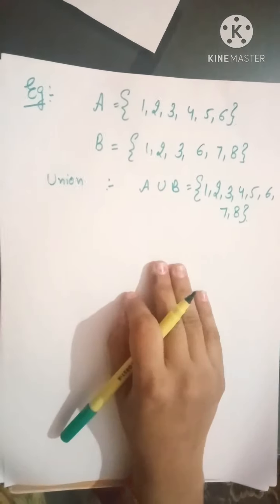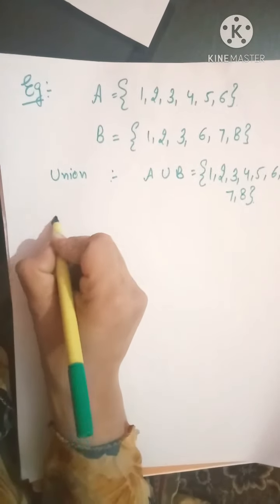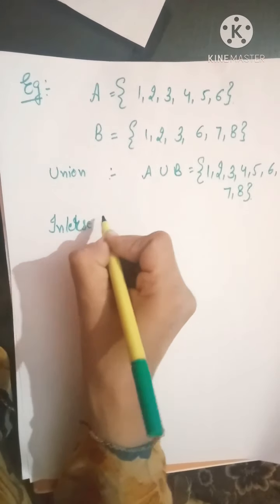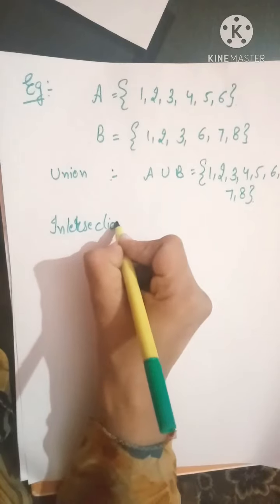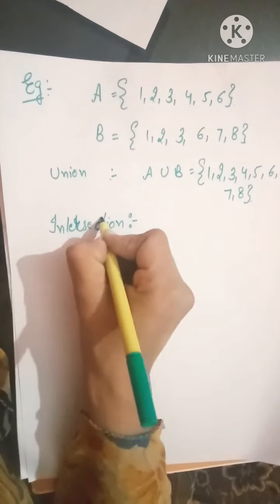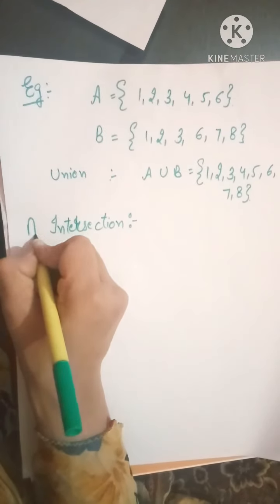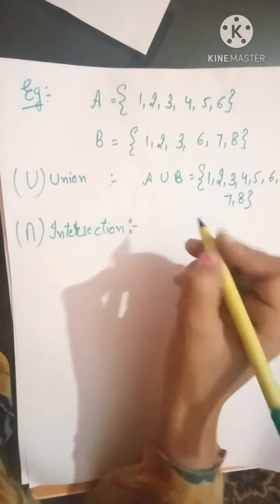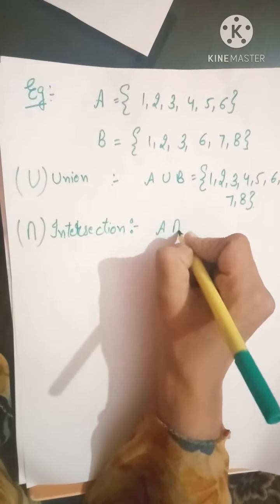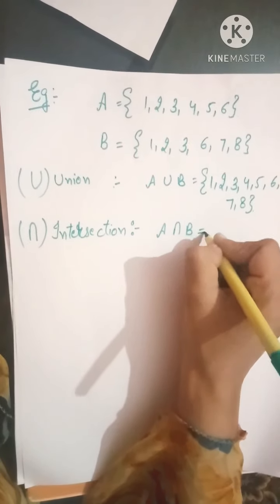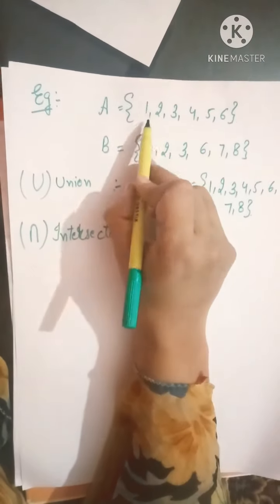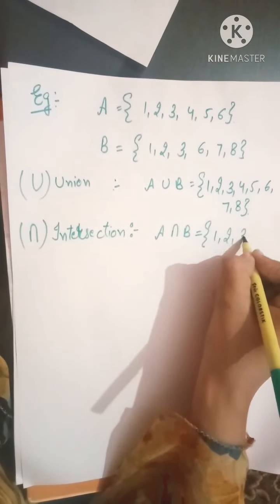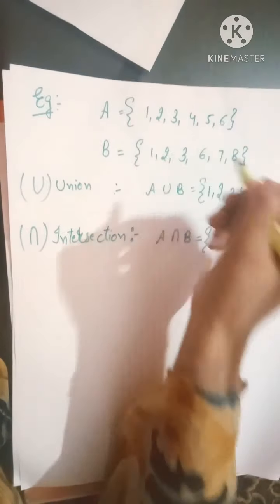Clear? Next, I have written intersection. That symbol is for intersection and this one is for union. A intersection B, I can write as 1, 2, 3 and 6.